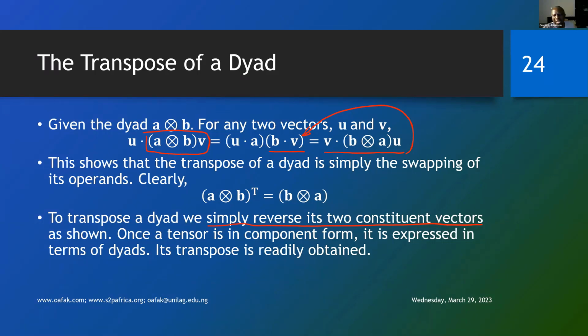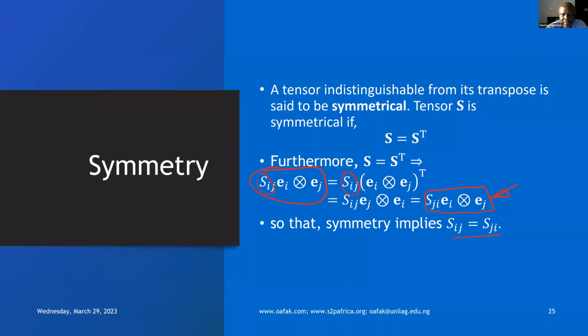Lastly, we can now deal with the issue of symmetry. A tensor indistinguishable from its transpose is said to be symmetrical. The tensor S is symmetrical if S is equal to S^T.